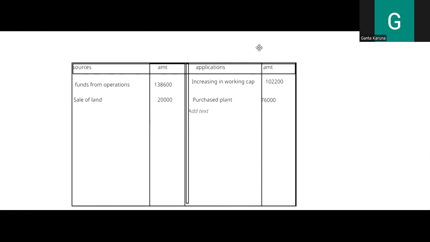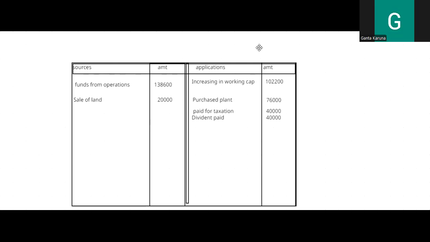Now I'll go for the other one, wherein we have also paid a dividend. So dividend paid, which is again 40,000. Now, do I have any other things I'm supposed to take into consideration?